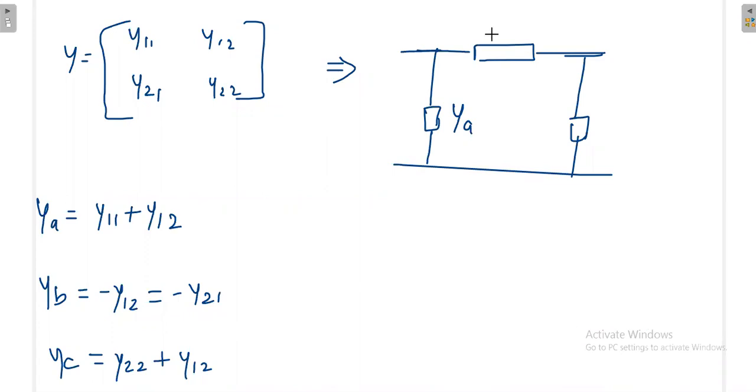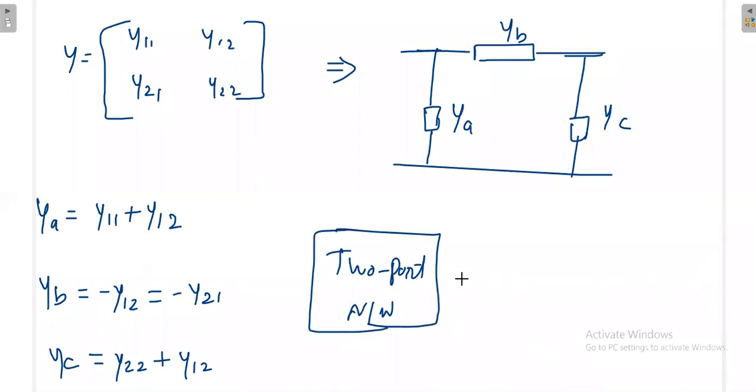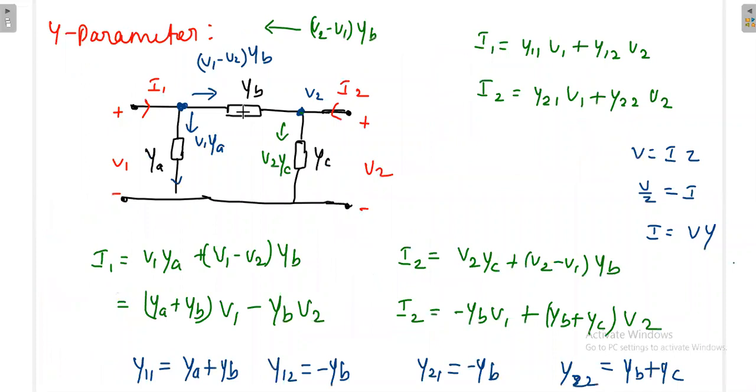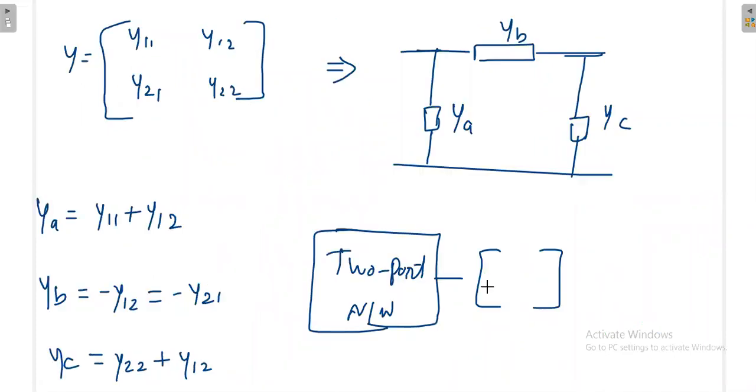So then you get YC, and you can represent the network with YA, YB and YC. So what I'm telling is, if you get some two-port network, and they give the Y parameters, the two-port network model could be anything, it is not necessarily this pi model. The network structure could be anything, but ultimately they will give the Y parameter values.